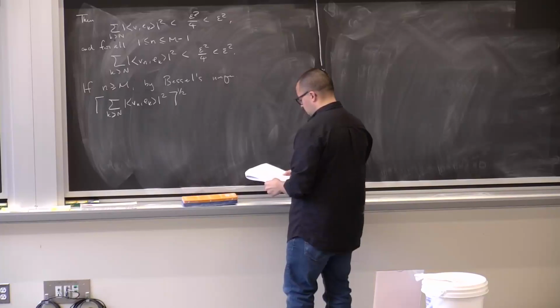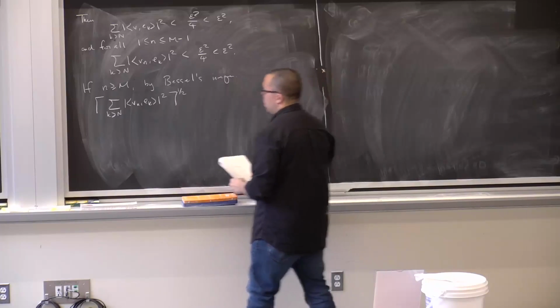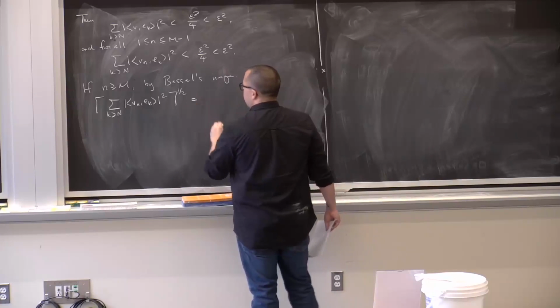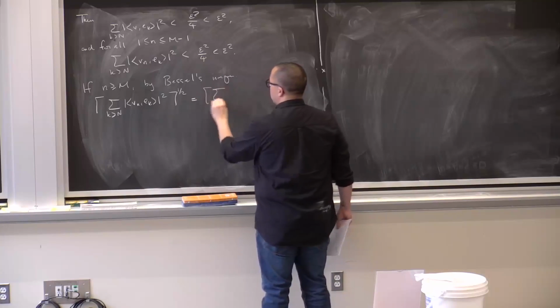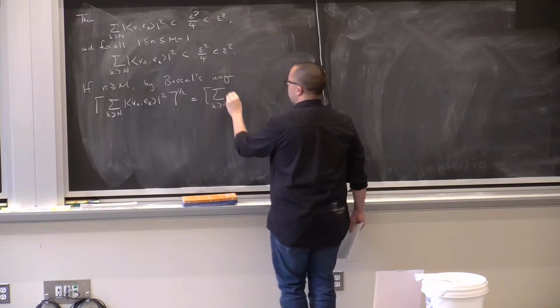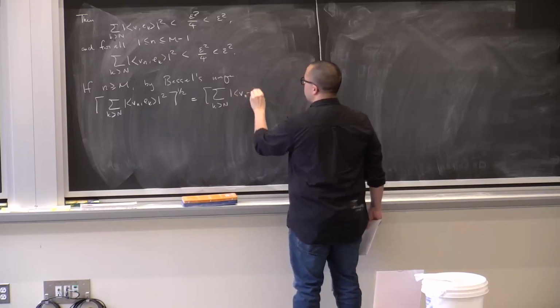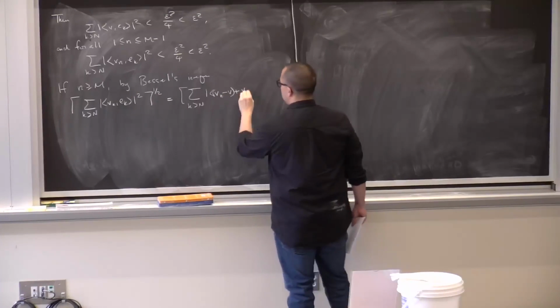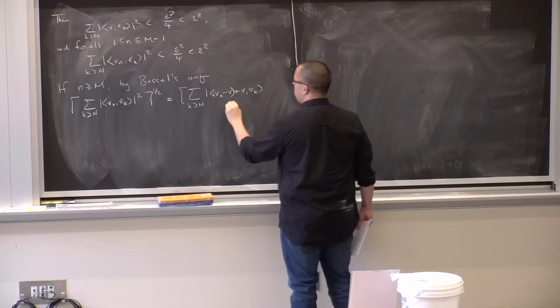So this is equal to the sum over k bigger than N of Vn minus V plus V, ek.